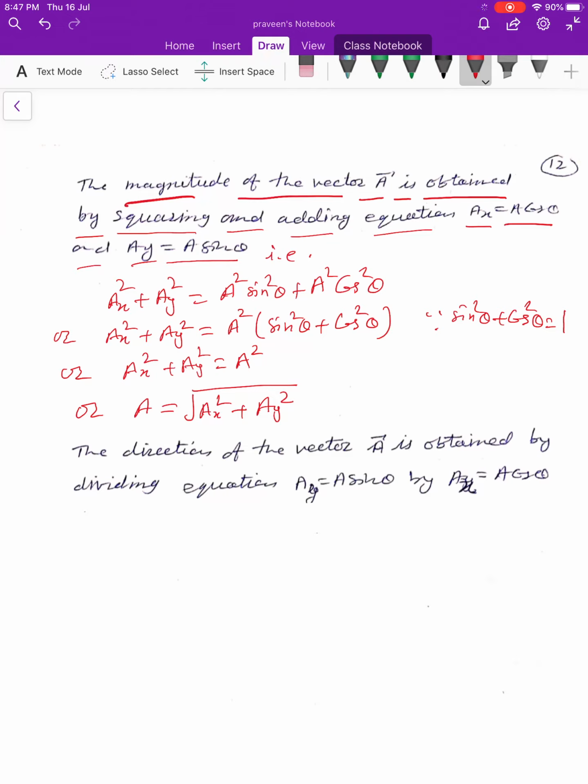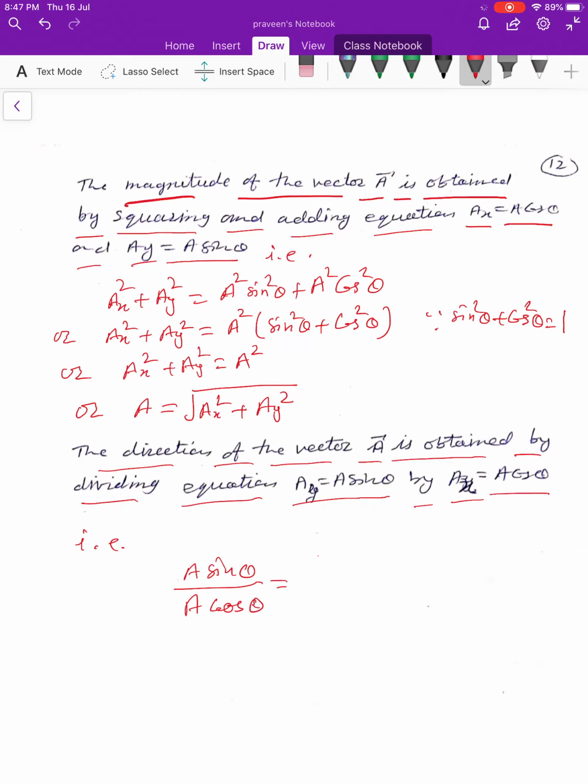The direction of the vector A is obtained by dividing the equation Ay = A sin theta by Ax = A cos theta. That is, A sin theta upon A cos theta is equal to Ay upon Ax.